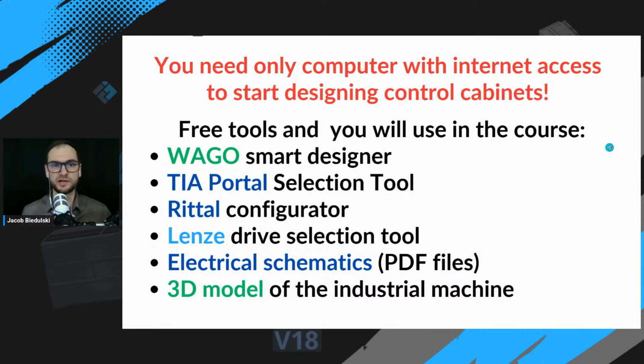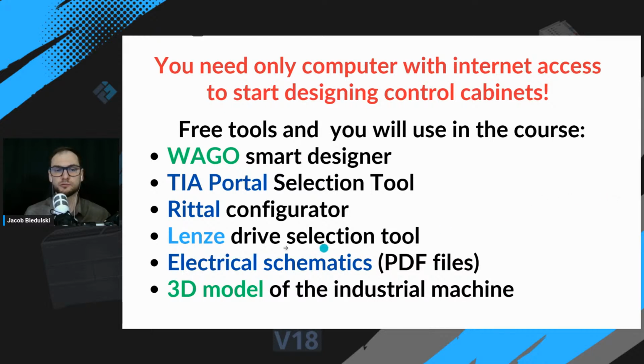So if you join our course, you need only your computer with internet access to start learning and designing your own control cabinet. In this course, you will use free tools, and we will show you how to install and use the browser tools like WAGO Smart Designer, TIA Portal Selection Tool, Rittal Configurator for control panels, and a Lenze Drive Selection Tool for selecting drives.